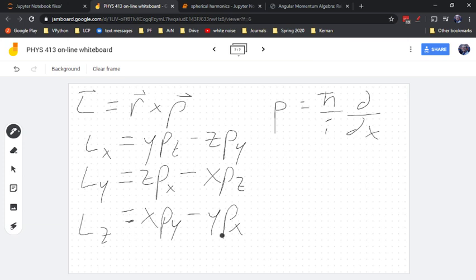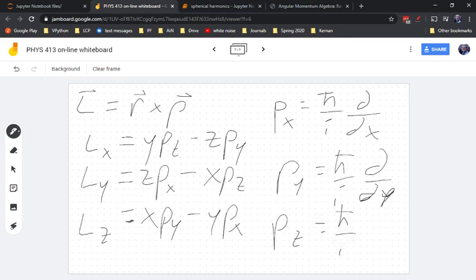Now we're in 3 dimensions, so I need this to be the momentum's x component, and then I need the momentum's y component to be the same thing, but now we're going to take a derivative with respect to y. That is a very sloppy delta y. There we go. And I need my z component to be h bar over i d by dz.